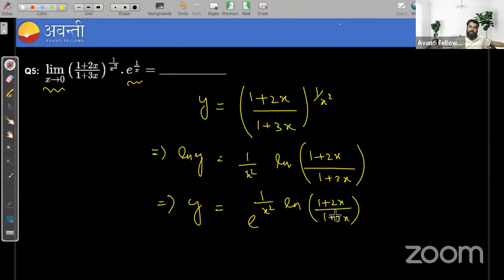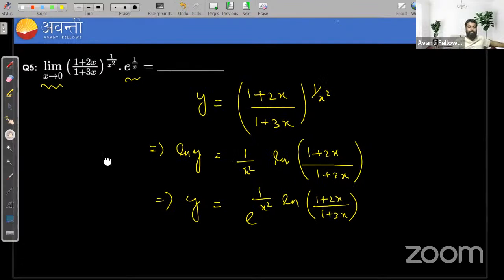Instead of 1 plus 2x upon 1 plus 3x all to the power 1 upon x square, we'll try to write e to the power 1 by x square into ln of 1 plus 2x upon 1 plus 3x, right? So let's try.